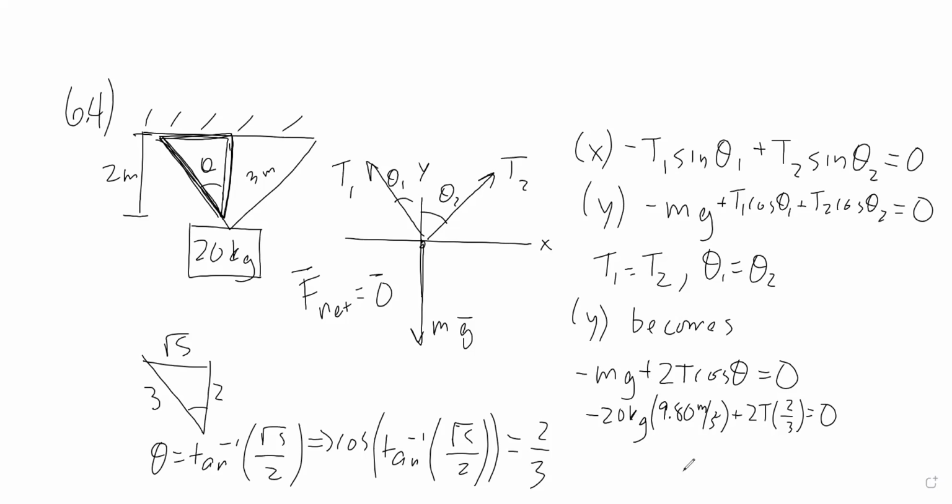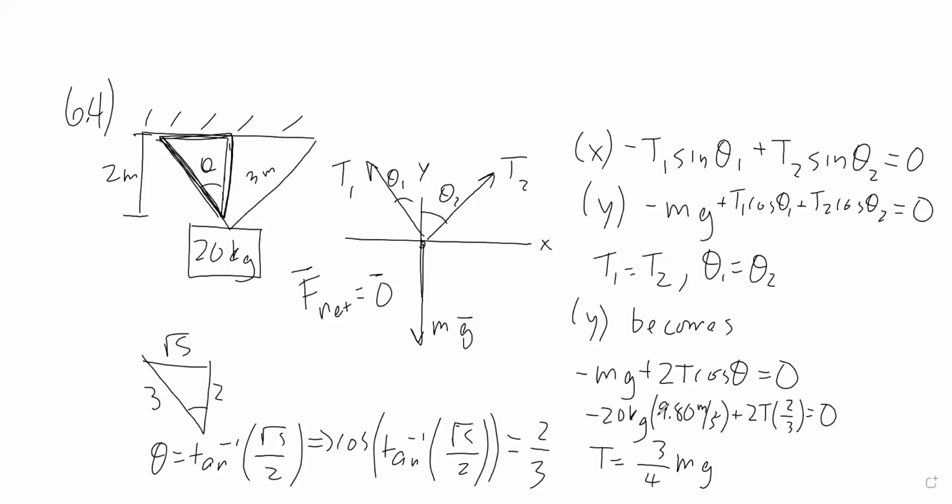And if the weight was actually 200 newtons, then we would get 150 because T is actually, oops, not 4/3, 3/4 times mg. Hopefully you can see when I did that. So 3/4 of 200 is 150.